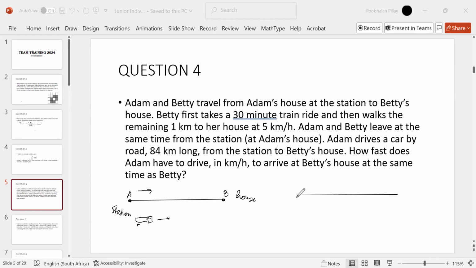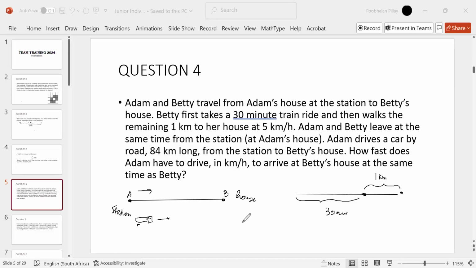So she travels for 30 minutes by train, gets off somewhere, takes her 30 minutes here, and then she walks the remaining 1 kilometer. So there's a 1 kilometer here. It's the remaining part. At 5 kilometers per hour. So her speed is 5 kilometers per hour, and she only walks for 1 kilometer.